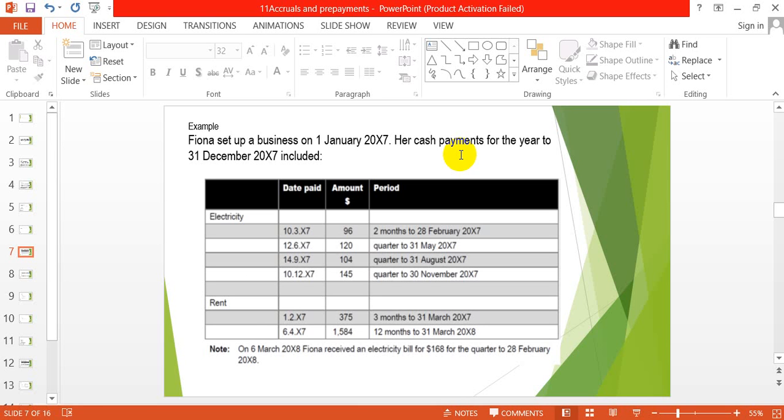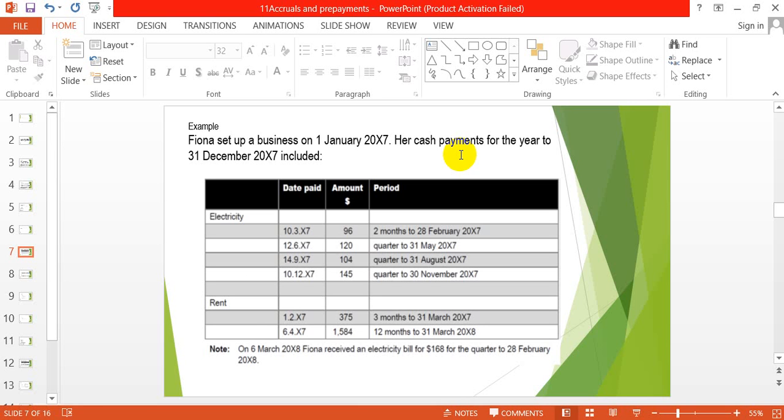Equally for the prepayments, make sure that you've got 12 months of expenses which you are paying for, and ensure that you've got the actual 12 months' payments done. If the expenses you are paying for are 12 months, but your actual payments are more than 12 months, then the excess over the 12 months is a prepayment.